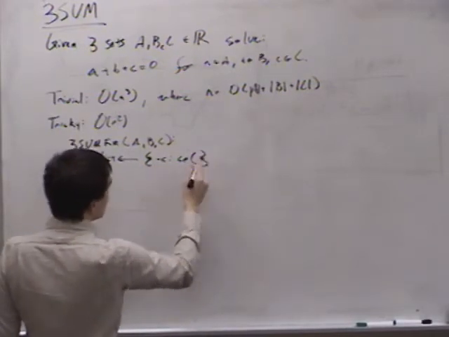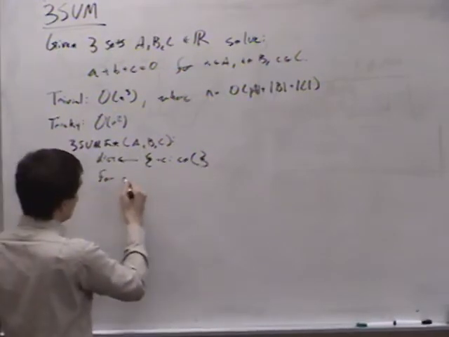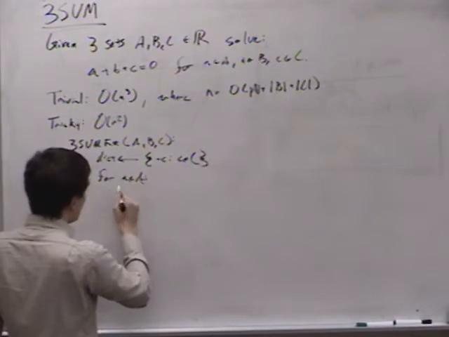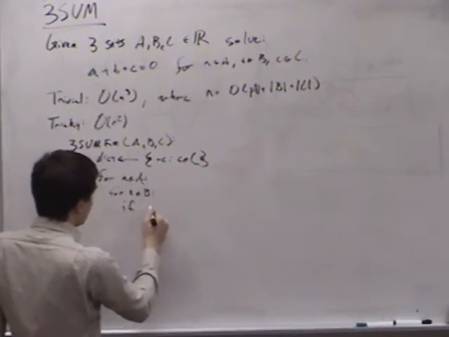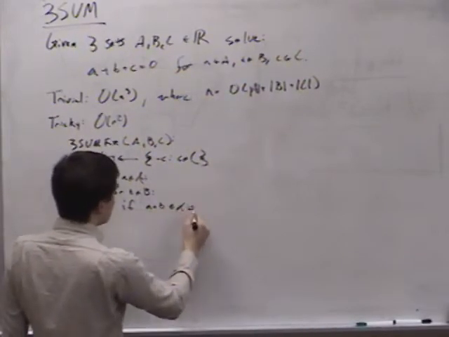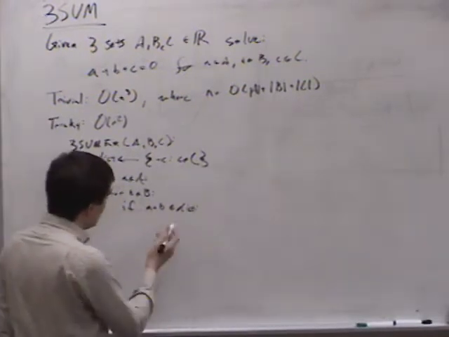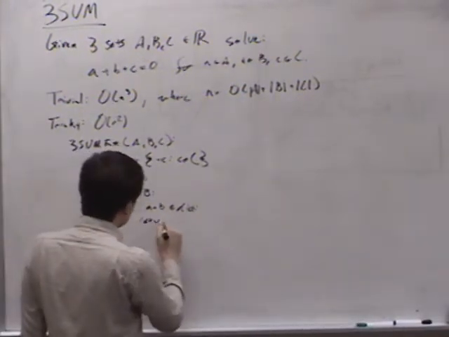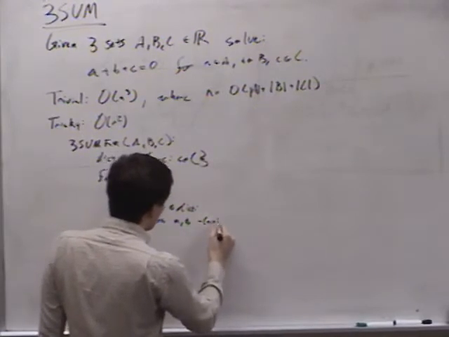So we'll take every value in C, stick it in this dictionary, and then we say for every number A in A, for every number B in B, if A plus B is in our dictionary, which you could check using a hash table and order n time, or using some binary search tree and log n or whatever, then we'll just return the tuple A, B, negative A plus B. All right?